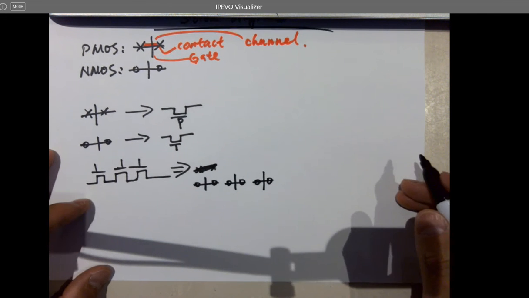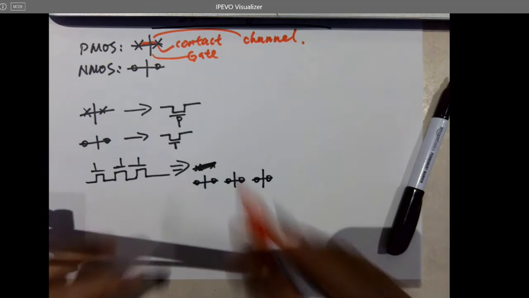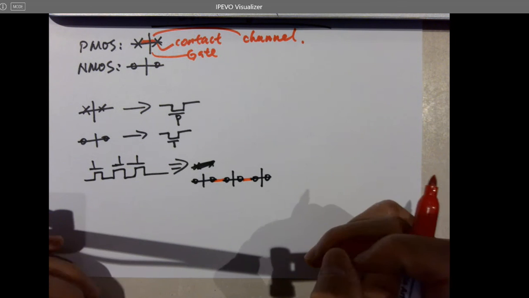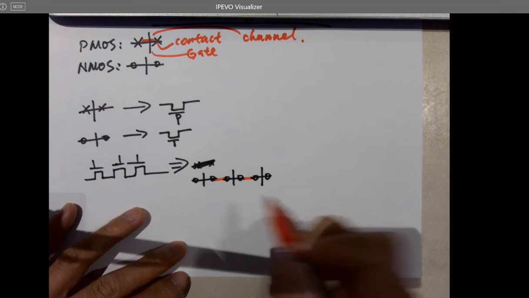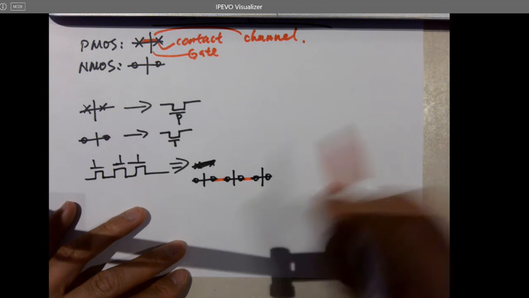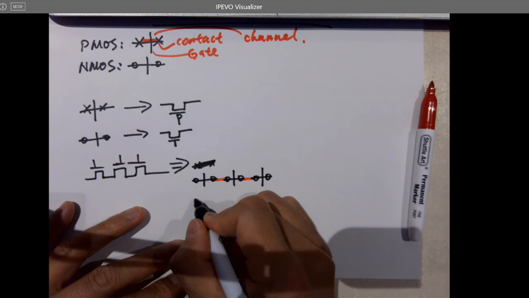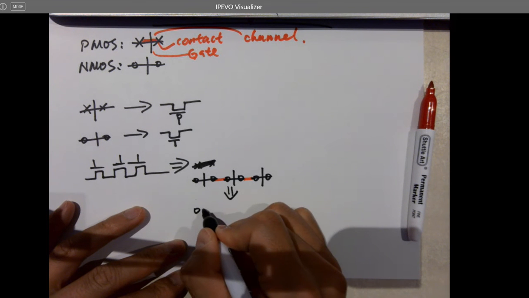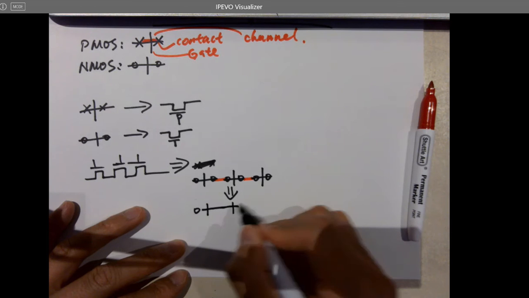So 3 NMOSes are being shorted together. And you can see there are 2 metal contacts. It's just redundant. So you can simplify this layout into this version. Right? Just ignore these 2 contacts.